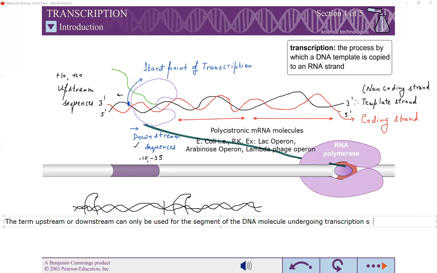Okay, so both the transcripts will be labeled separately. Now, how they would be labeled, that we have to see.